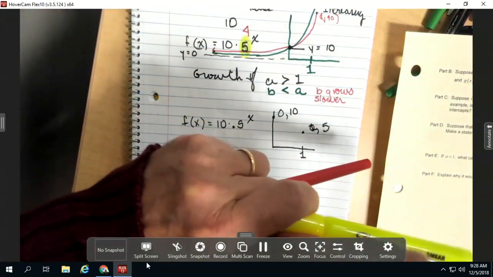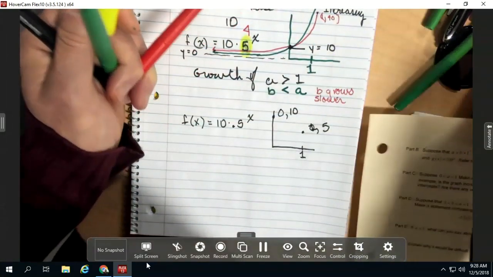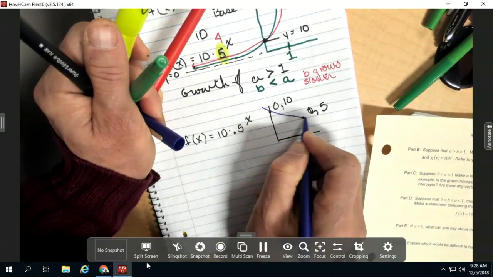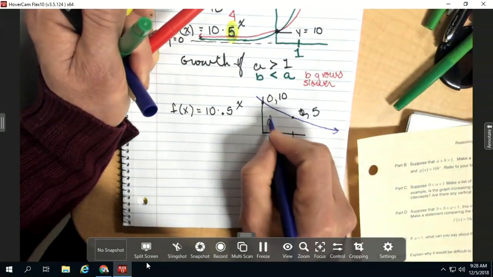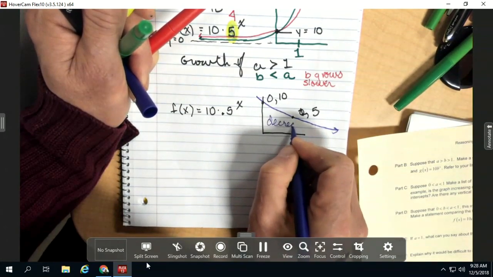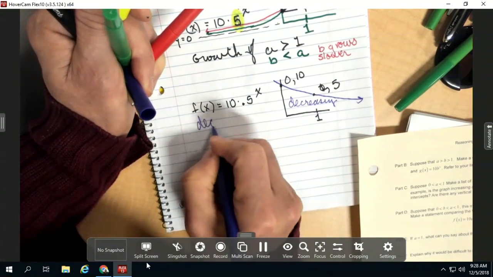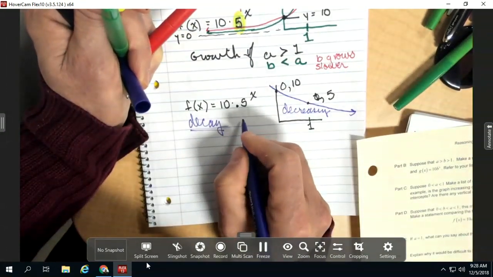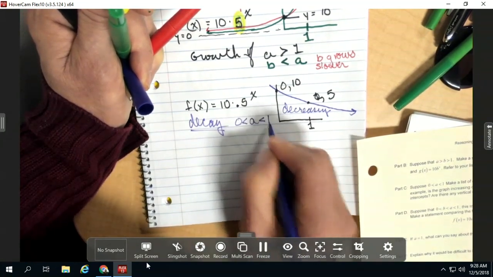So our graph here is going to be, and what's true about this? It's always decreasing. It's decay, right? It's decay if A is between 0 and 1.